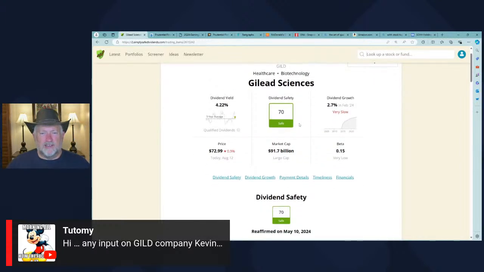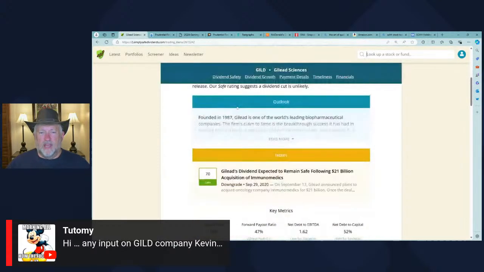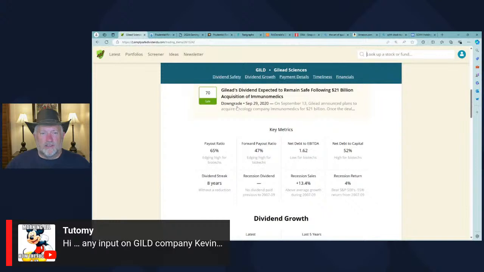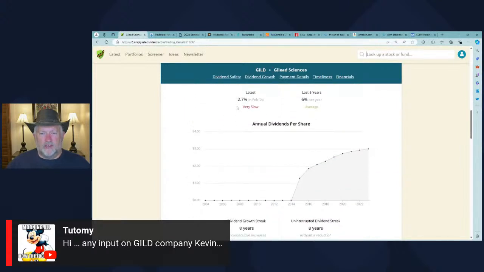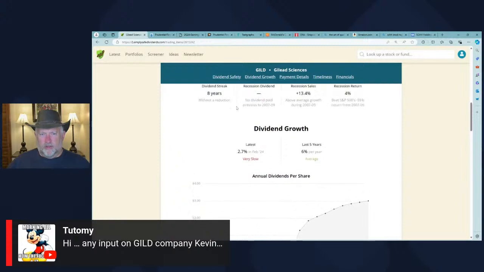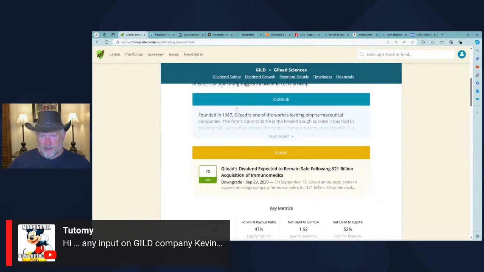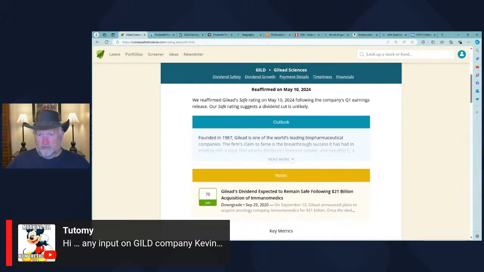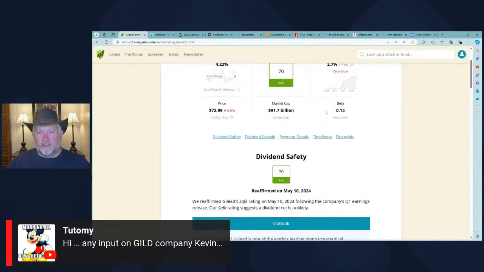Gilead Sciences got a 70 as a dividend safety rating, 4.2% dividend yield. So that's not too bad. I think I know what it is. I tend to not hang around too much with pharmaceuticals and stuff, because I'm just not smart enough to know what pipelines are going to win and what pipelines are not.